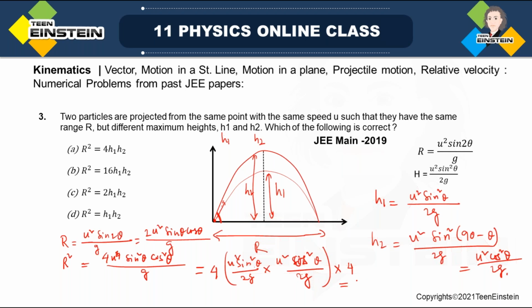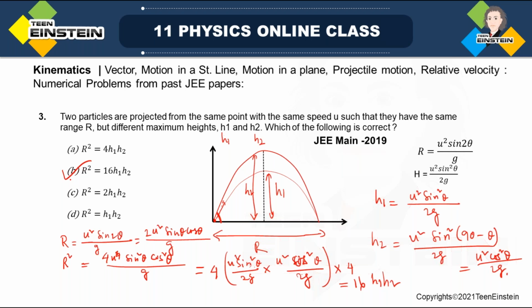So finally what we are getting, this is 16 into H1 and this is H2. So we can write H1 and H2. So which one is the relation which is correct? That is this one. R square is equal to 16 H1 H2.